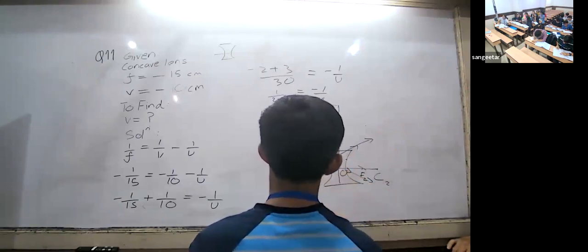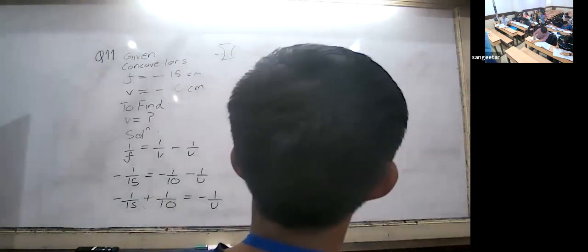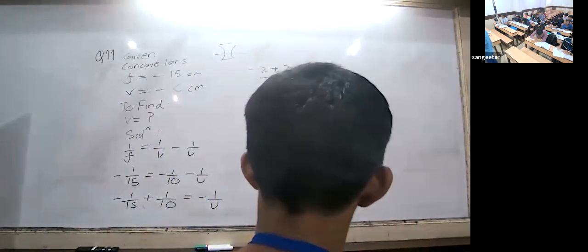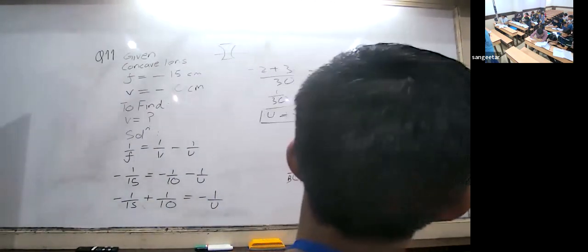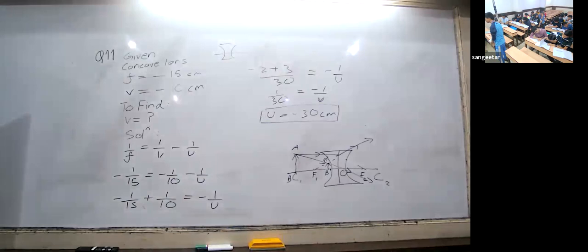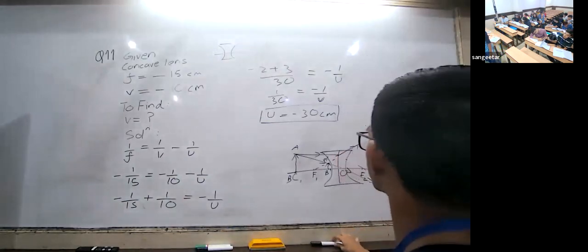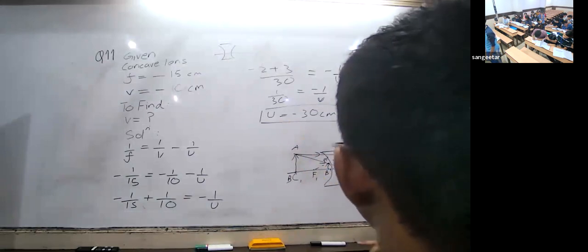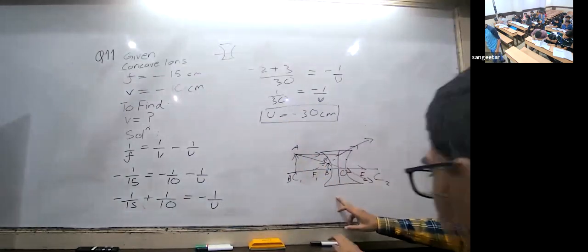Very good. Okay. This is it. Yeah. All right. So you had to find what? U, right? So U is minus 30.